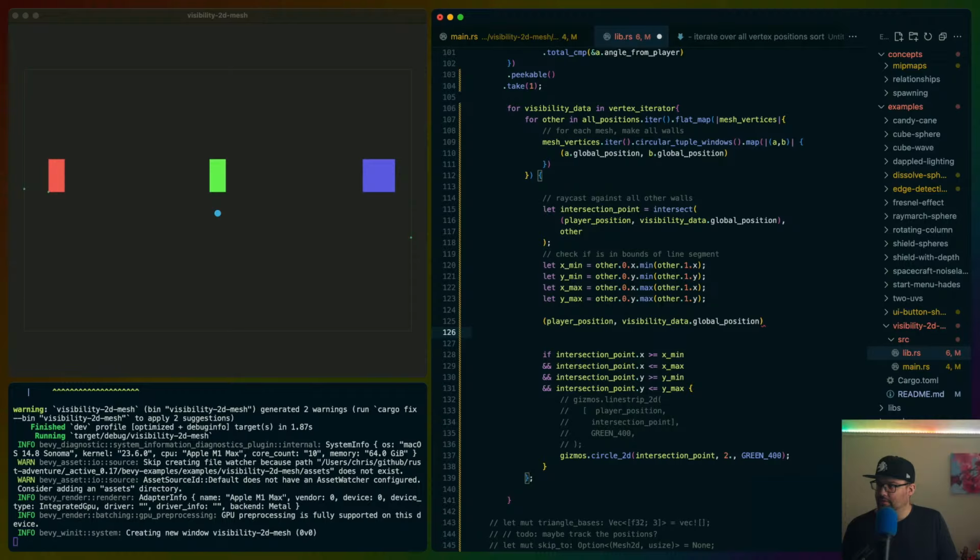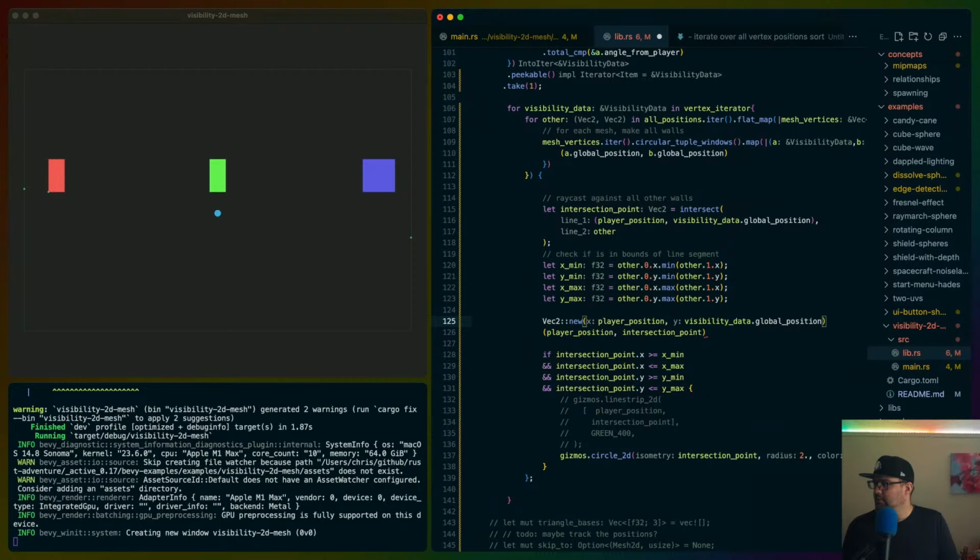No, the direction for this and direction for player position and the intersection point. So we'll do vec2. These are vec2s already, right?